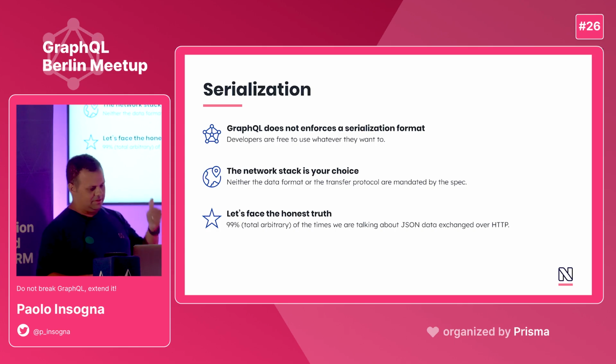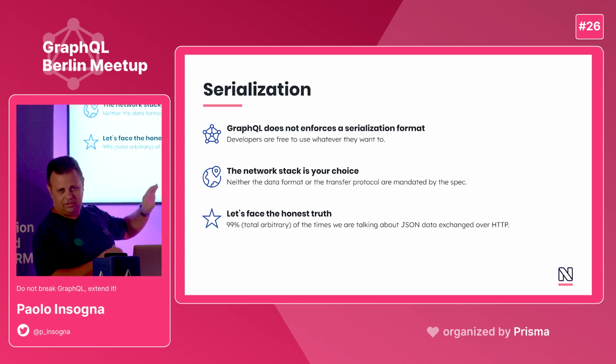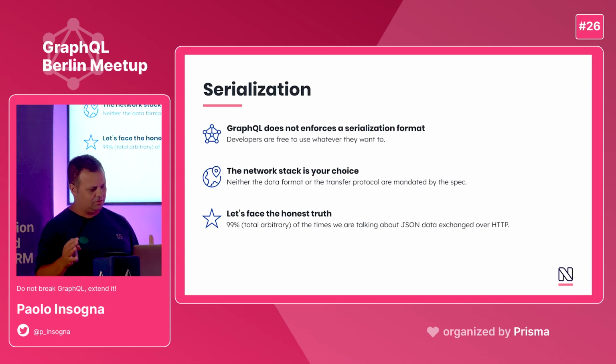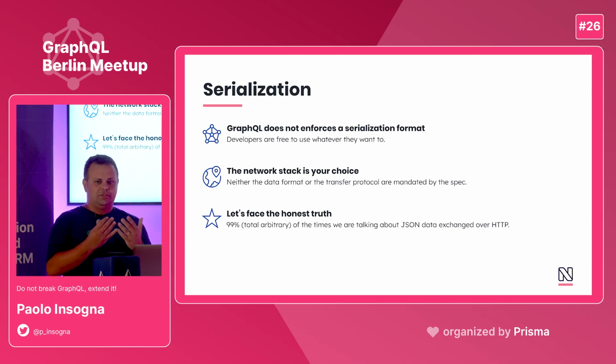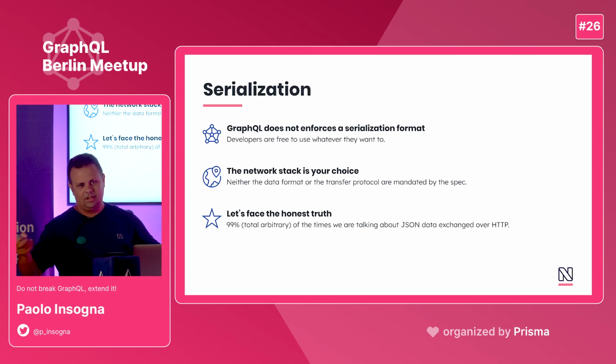Now, let's face the truth. 99% of the time, and this number is completely arbitrary, so you can replace it with whatever you want, we are just talking about GraphQL served in JSON serialization format over HTTP. That's it. And has anybody of you used it in any different way ever? Really?